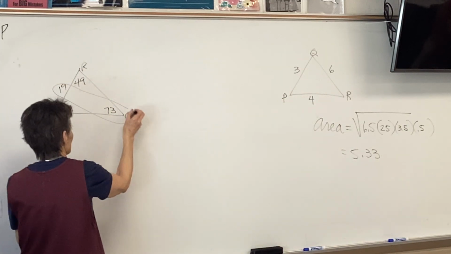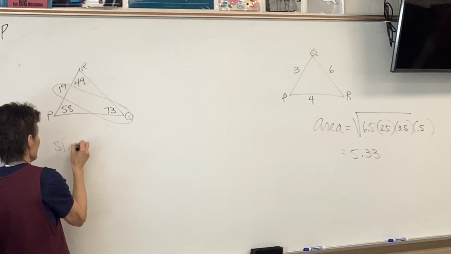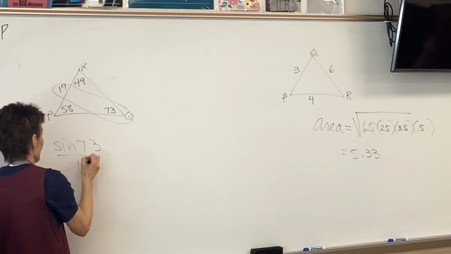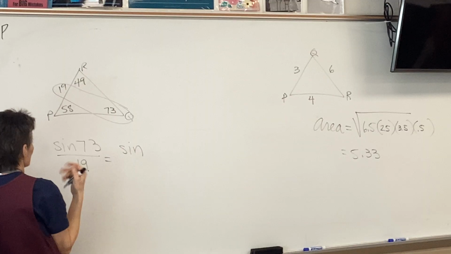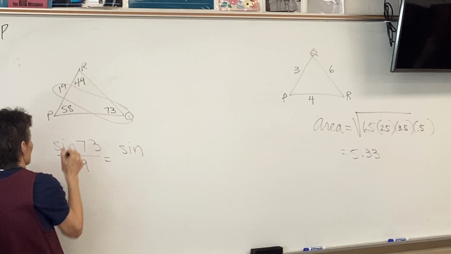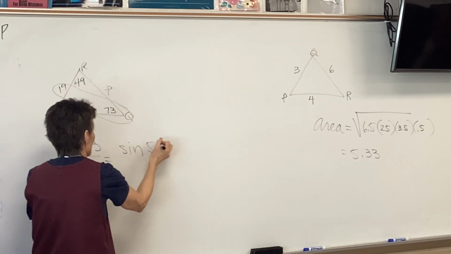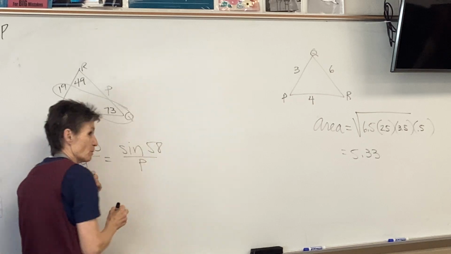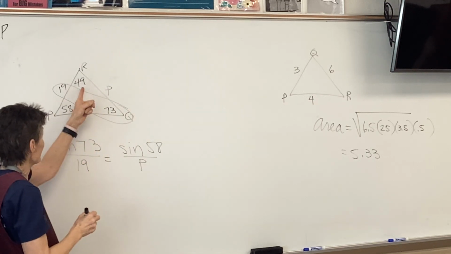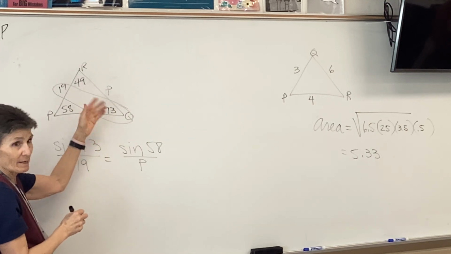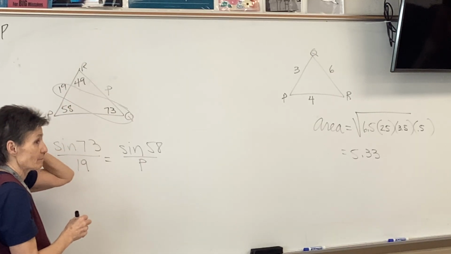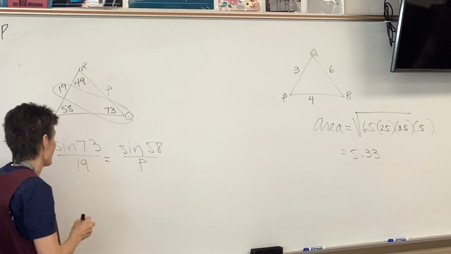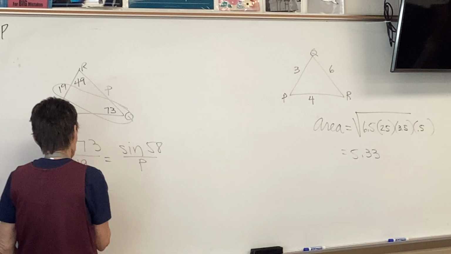So sine 73 over 19 equals sine 58 over p. That's perfect. You could also do sine 49 over r. Doesn't make a difference. You need one of them. To find the area, you need 2 sides. So here we go.